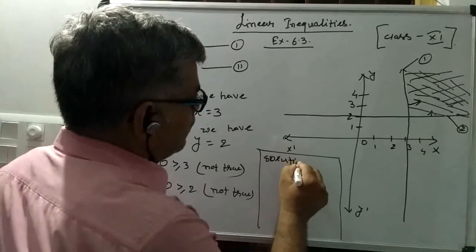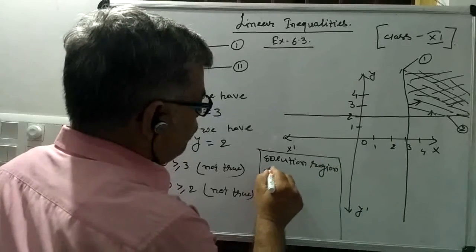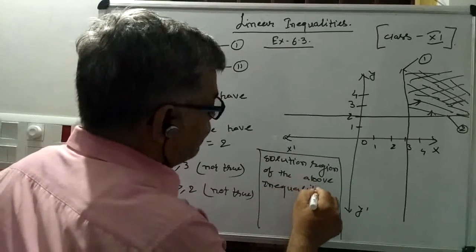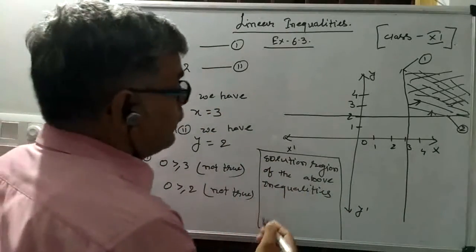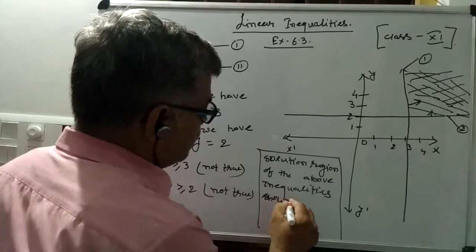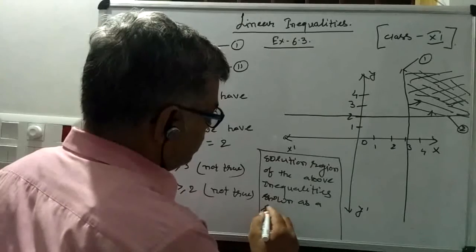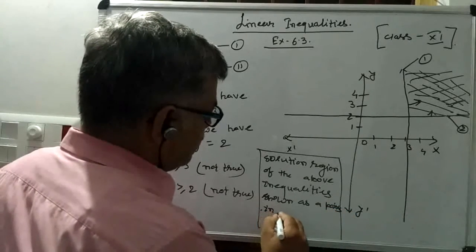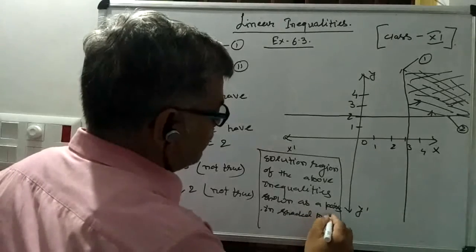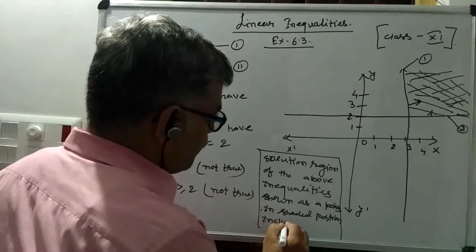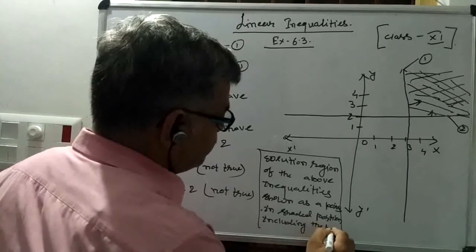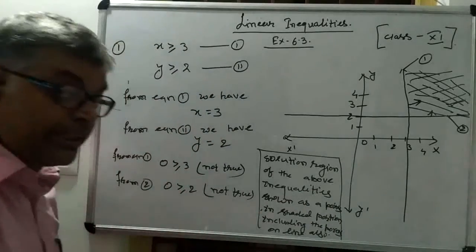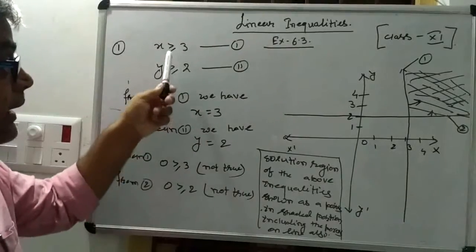Solution region of the above inequalities, because there are two inequalities, so write the inequalities are shown as a shaded portion, points in the shaded portion, including the points on the lines also, because it is not a case of strict inequality, it is a case of simple inequality.